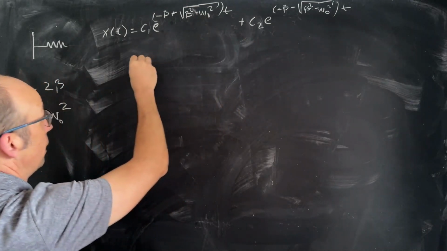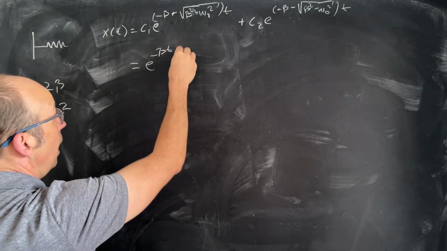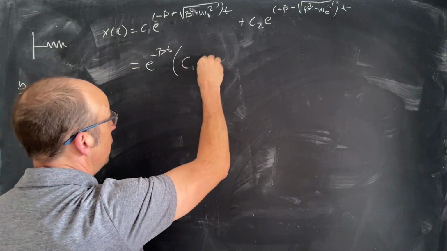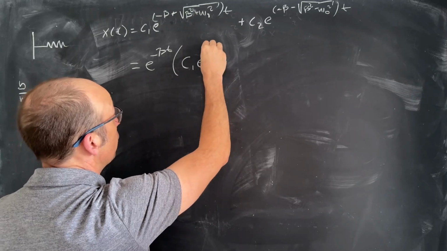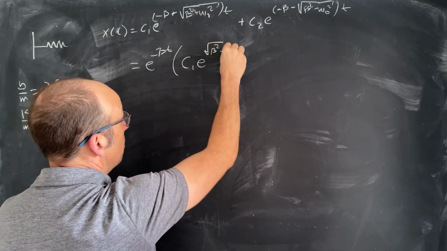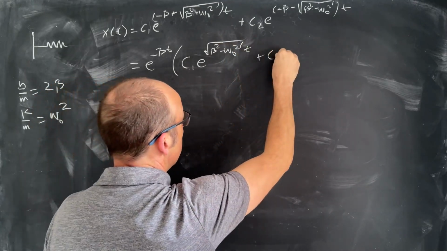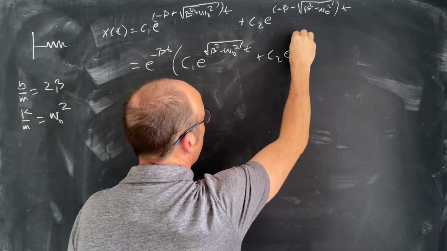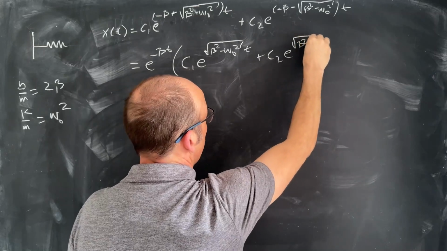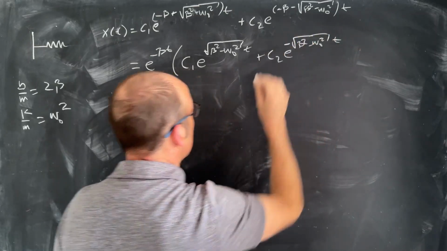So I can actually factor that out, and I get e to the negative beta t times c1 e to the plus square root of beta squared minus omega naught squared t plus c2 e to the minus square root of beta squared minus omega naught squared t.